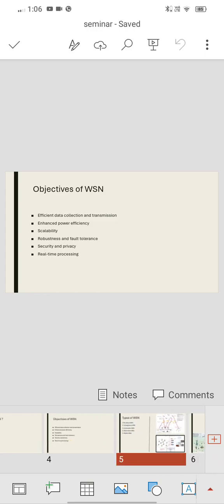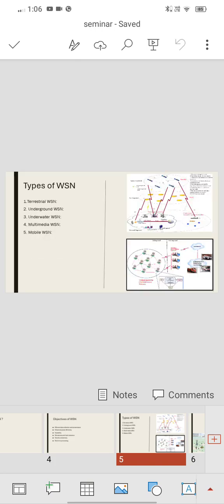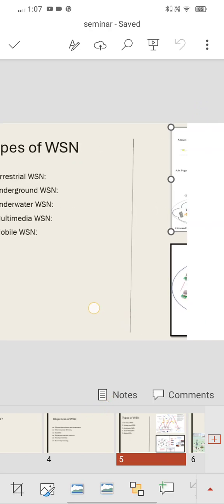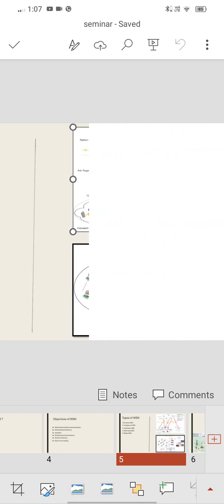Moving to the next slide, here we will see some types of wireless sensor network. First is terrestrial wireless sensor network. It consists of a large number of low cost nodes deployed on land in a given area. In this diagram, we see the terrestrial wireless sensor network.